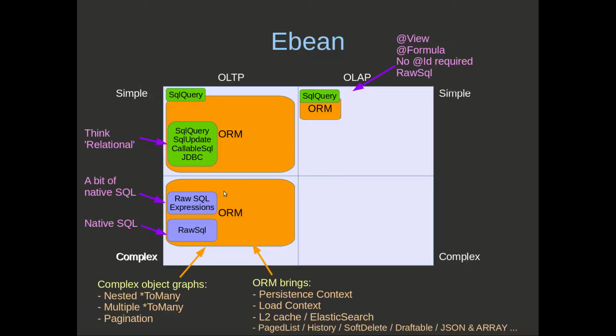On the complex graph case, Ebean gives us the ability to add a bit of native. So we can add raw expressions into our query. We can have Ebean generate 80% of the query and then have a raw database predicate added in, like a Postgres specific database function and things like that. We can also completely use native SQL.